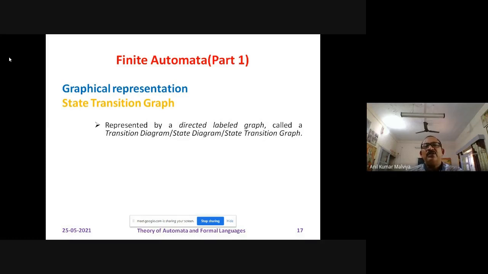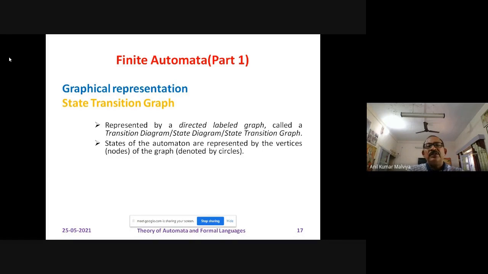The state transition graph is a directed labeled graph, and it is also called a transition diagram or state diagram. The states of the automaton are represented by the vertices of the graph, and these vertices are denoted by circles.